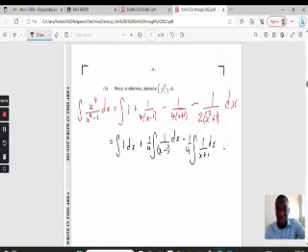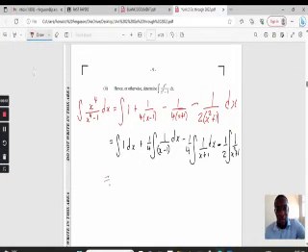Try to factor out the minus half, it doesn't matter. I'm going to factor it out. Still having some difficulty with this in terms of my writing pad and my school's internet. So factor out minus half times the integral of 1 over x squared plus 1. I'm going to leave off the dx due to space.